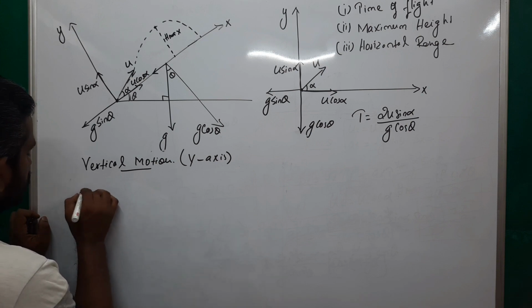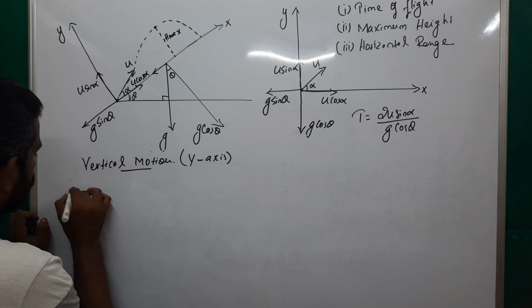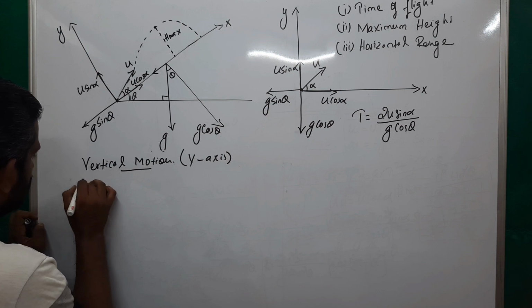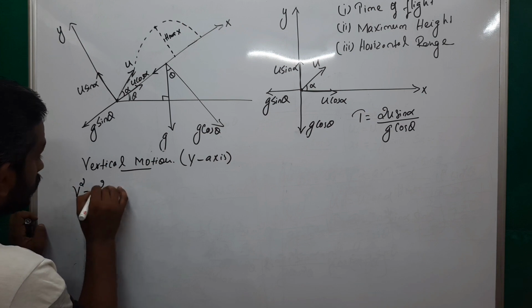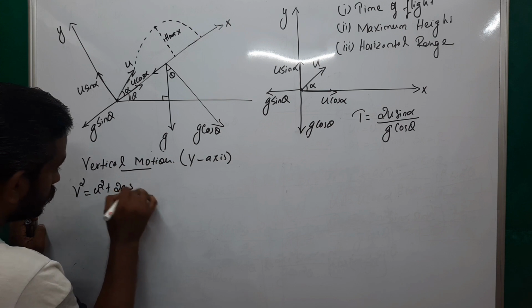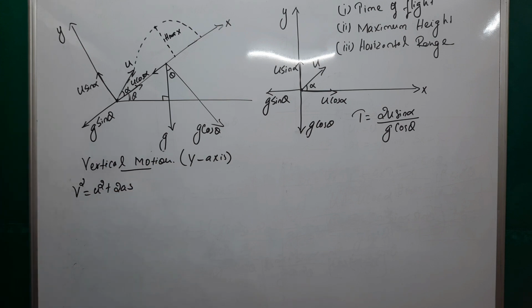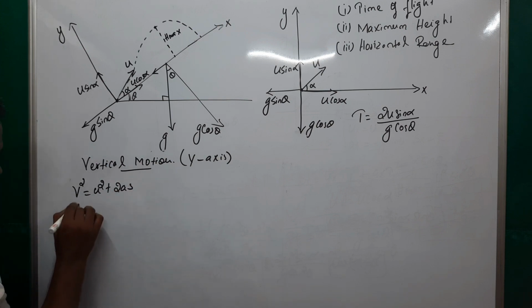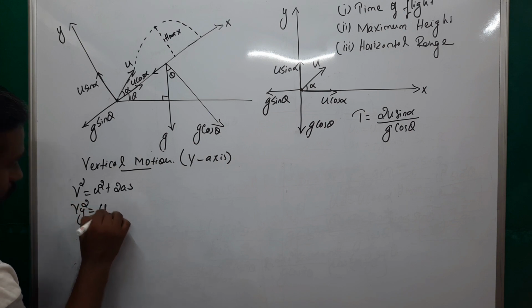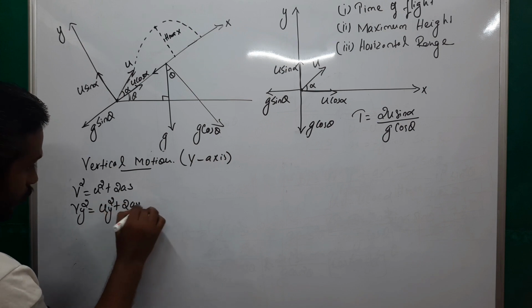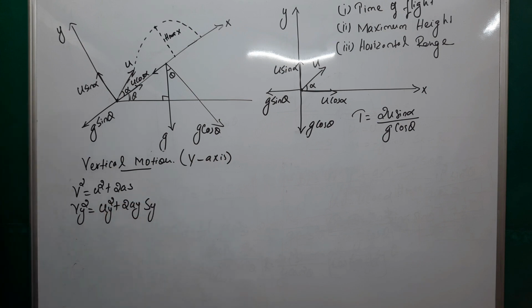I am using the equation v squared is equal to u squared plus 2as. So I am rewriting this equation as vy squared is equal to uy squared plus 2 ay into sy.